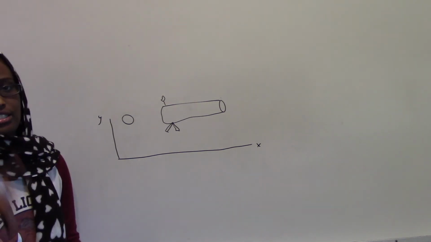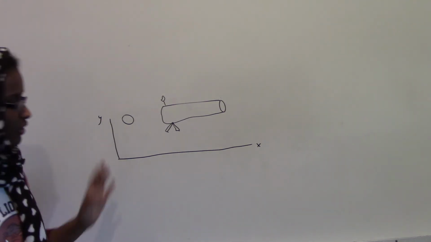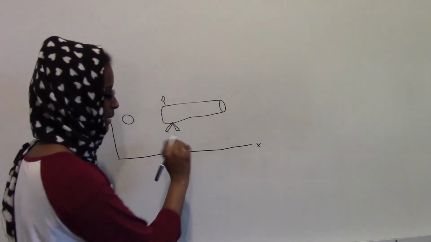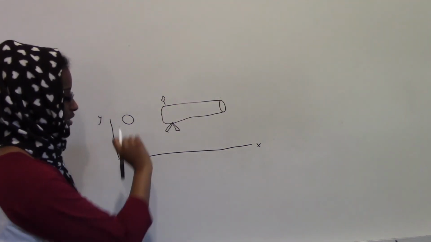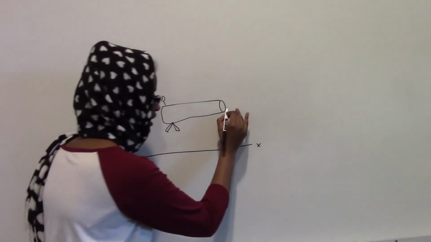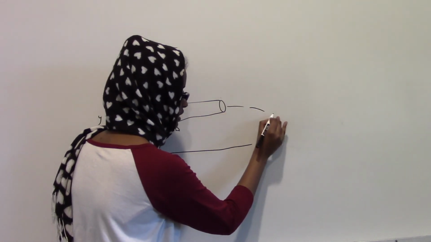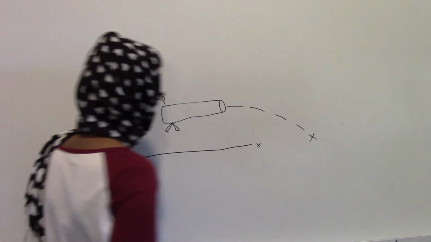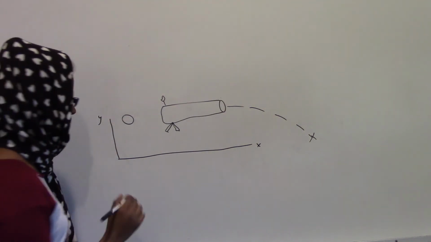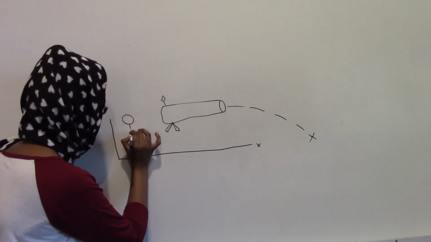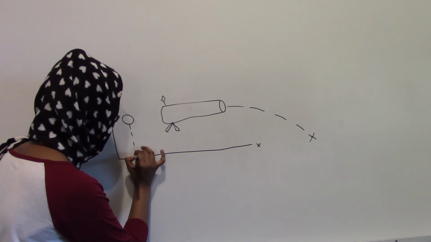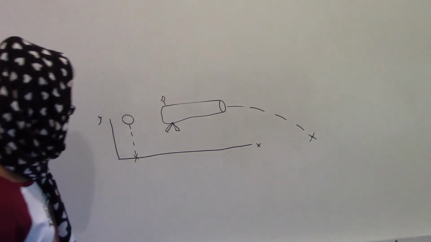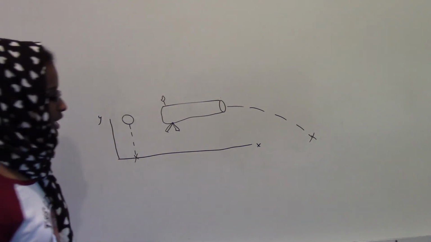So let's analyze this motion in our two-dimensional thinking. So I'm gonna light it, and it's gonna come out. It's gonna go like this until it hits here, right? And then what about here? At the same time, I'm gonna drop this ball. So let's analyze the components.